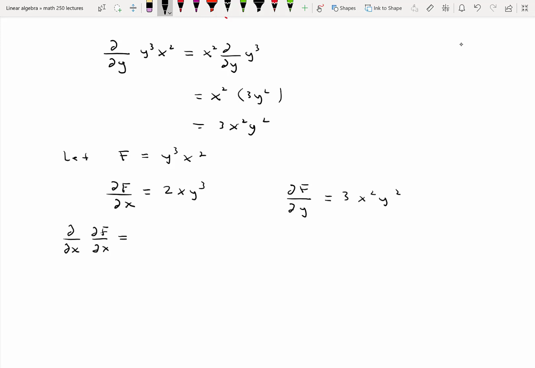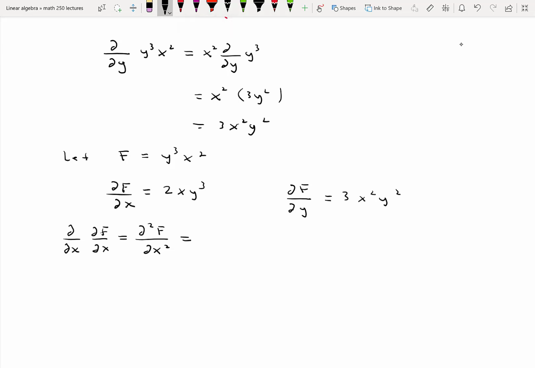And just like with ordinary derivatives, this gives me the second partial derivative of f with respect to x, partial squared f over partial x squared. And that means I take the derivative with respect to x again. Well, if I take the derivative with respect to x again, that means I hold y constant.